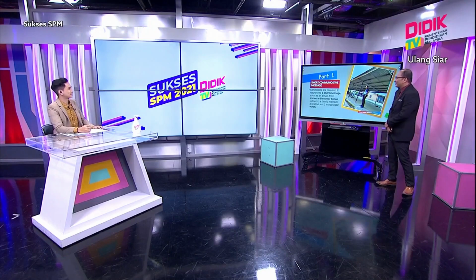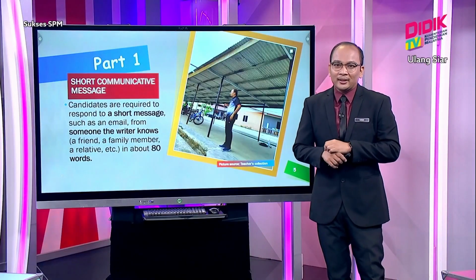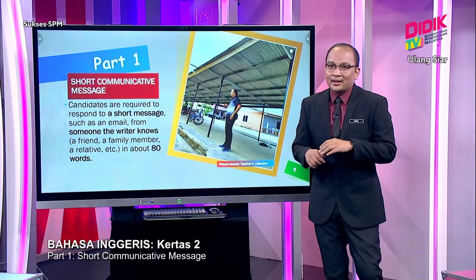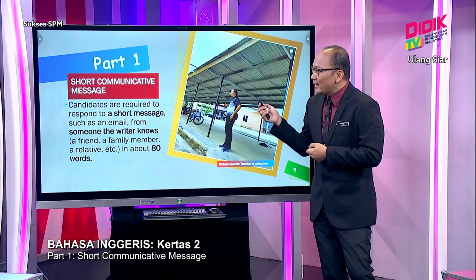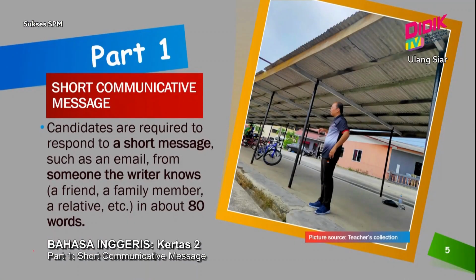Okay, thank you, Chris. So, everybody, please remember that for Paper 2 writing, you need to do Part 1, Short Communicative Message. Let me remind everybody about this task. Candidates are required to respond to a short message, such as an email from someone the writer knows, a friend, family members, a relative, etc. in about 80 words.